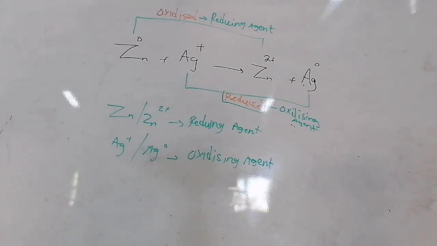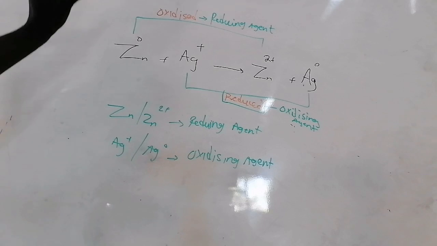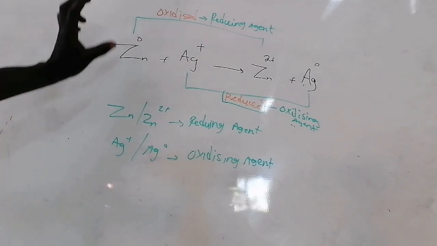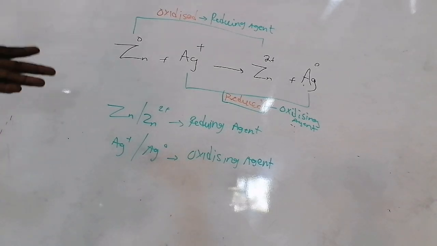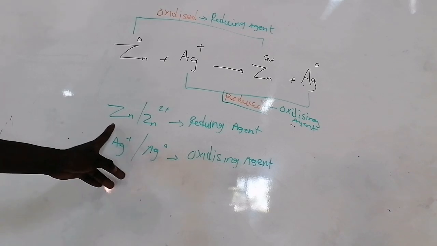So the first thing for you to do is to explain it in terms of oxidation numbers. You just tell them what happened, why you are saying that they are oxidized, or why they are reduced.